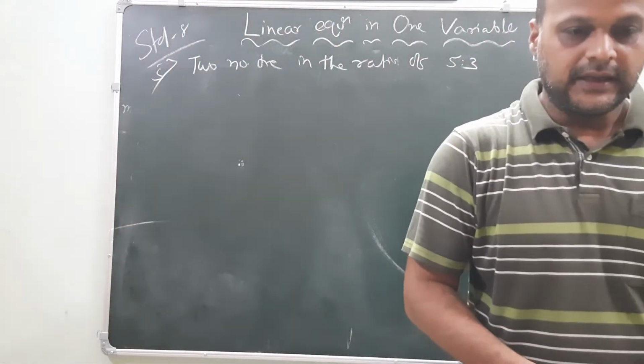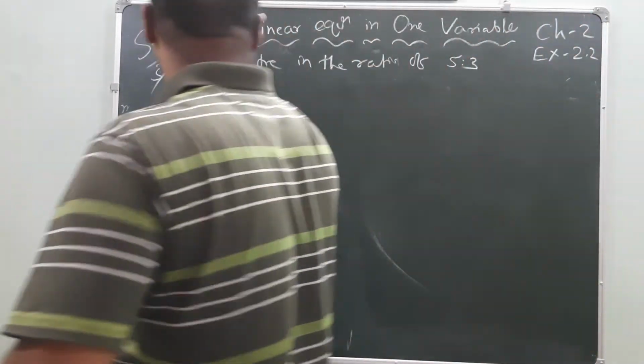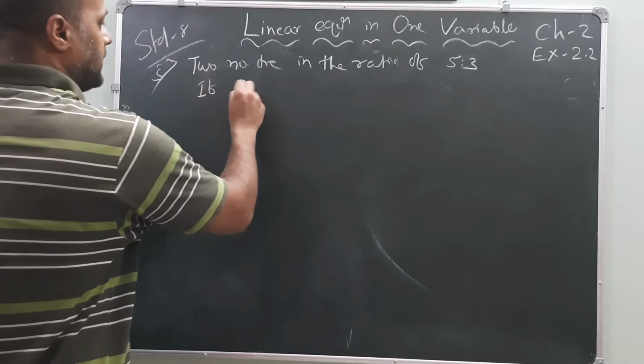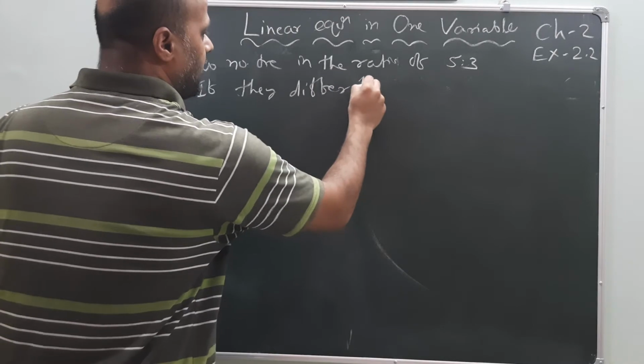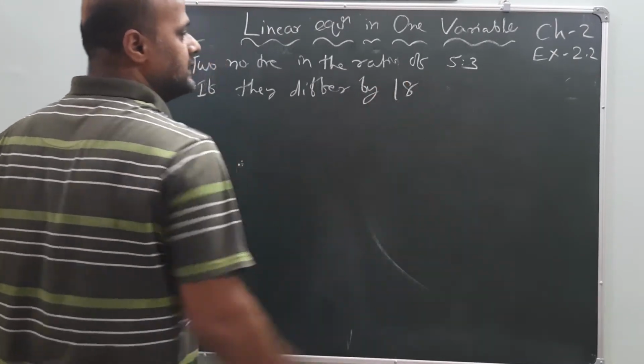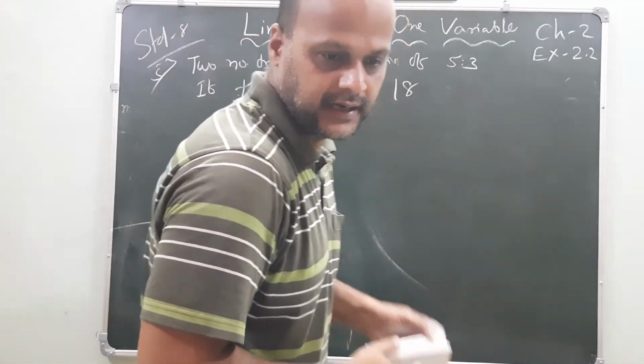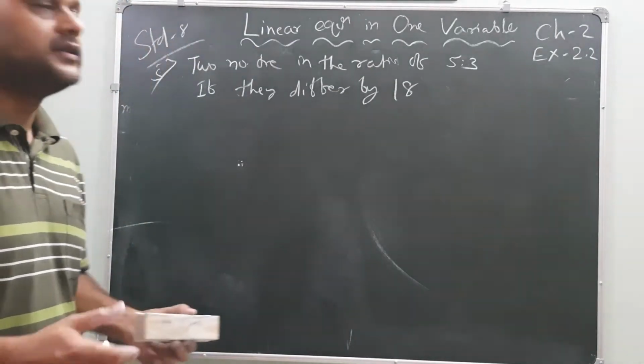It's saying that if they differ by 18, what are the numbers?